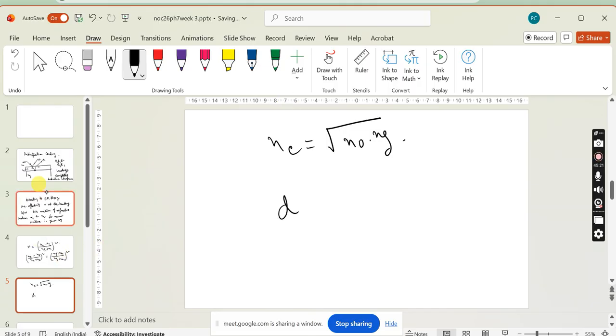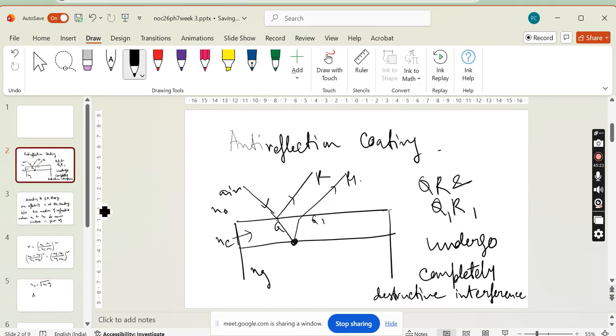And for the thickness d, even though I have drawn this like oblique incidence, the equation I am writing is for normal incidence.